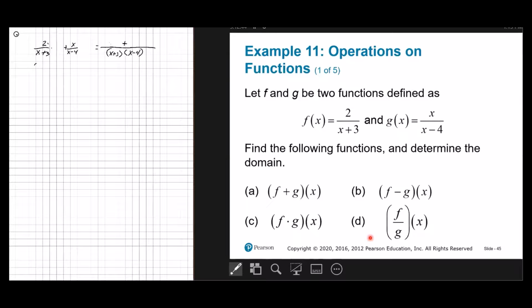So I'm going to multiply this fraction, the first fraction, by what do I need to multiply? What do I multiply x plus 3 by so it becomes x plus 3 times x minus 4? I think that's quite obvious. I have to multiply the denominator by x minus 4. And if I multiply the denominator by x minus 4, I have to multiply the numerator by the same thing. And so this part over here becomes the 2 times x minus 4.